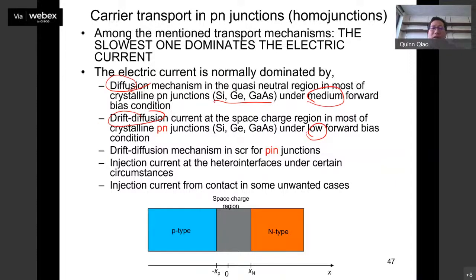That's basically for PIN junctions, the diffusion drift inside the I layer between the P and N. Then under certain conditions it will be injection. So this tells you that different devices under different conditions, under different preparation conditions, may have different results. You may find either diffusion, or diffusion drift, or even injection. You'll figure out which one is your dominating process.